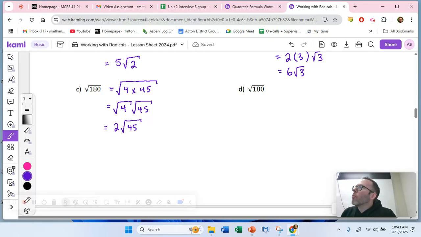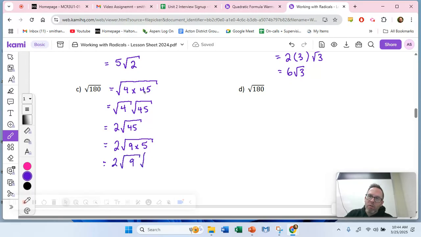But you know what? We can do even better. Can you guys see, if we look at 45, I could keep going. There's a perfect square number that goes into 45. 9 goes into 45. I could write root 45 as 9 times 5. And then I can keep simplifying and keep reducing. I'm showing a lot of steps here.